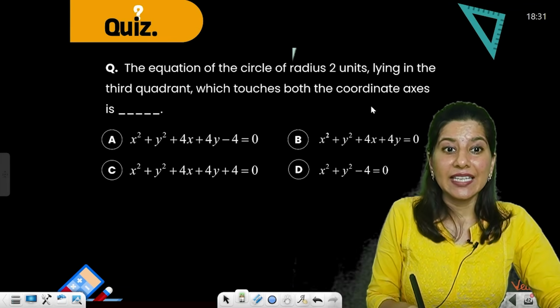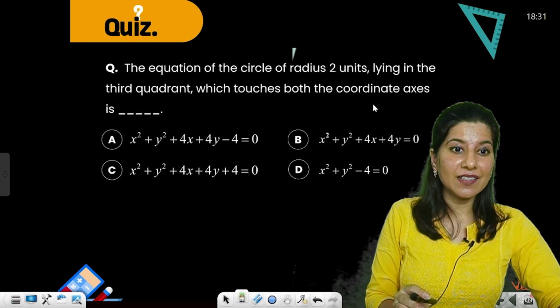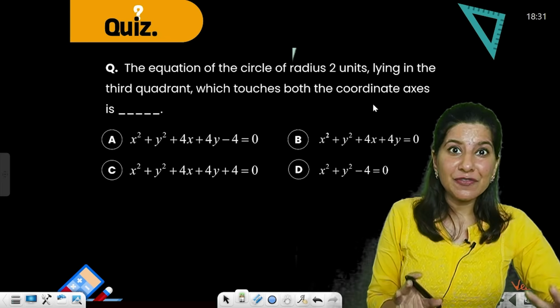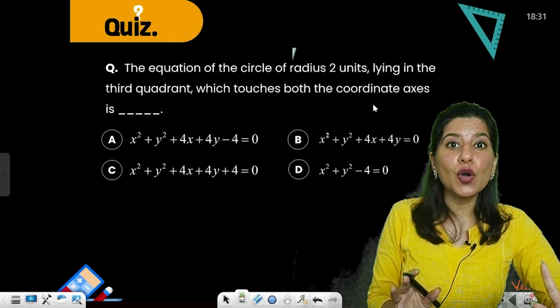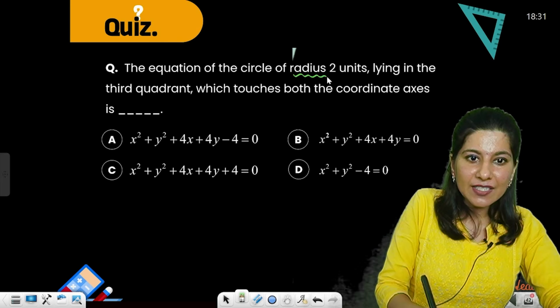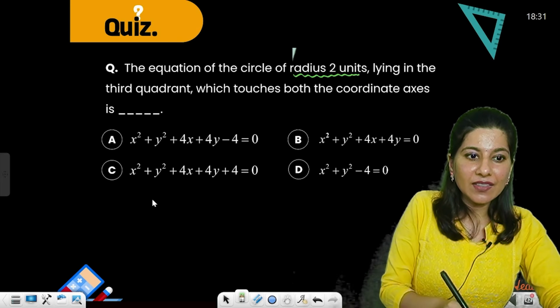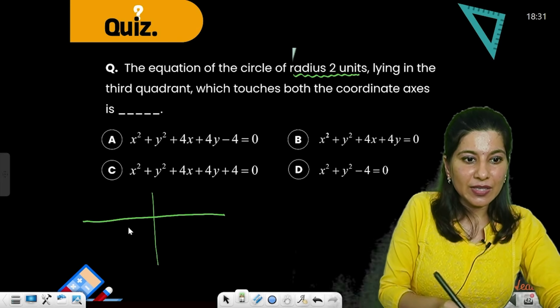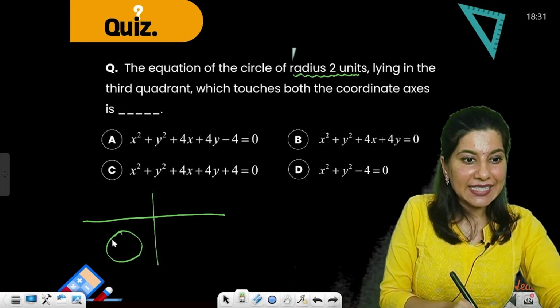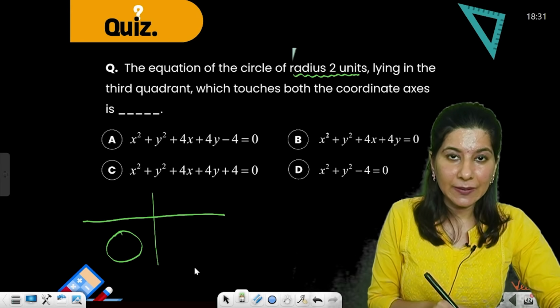Now we have another question, where the circle touches the coordinate axes. The equation of a circle of radius 2 units lying in the third quadrant. In the third quadrant, both your x and y are negative, right?